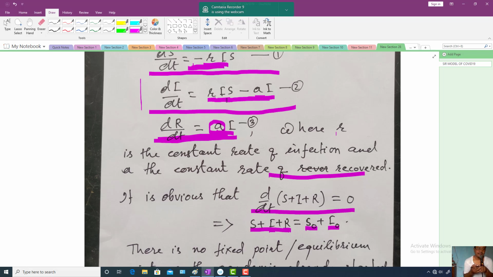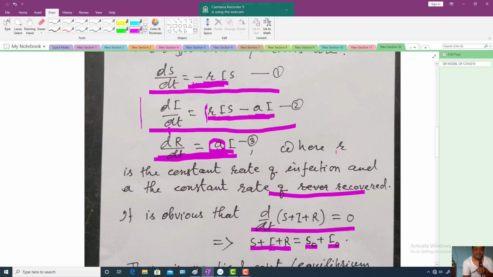Those are the things to minimize this R. That is the only thing we have nowadays. That is why lockdown is important. Those things will be revealed by this model later on, but I just highlight what is happening.